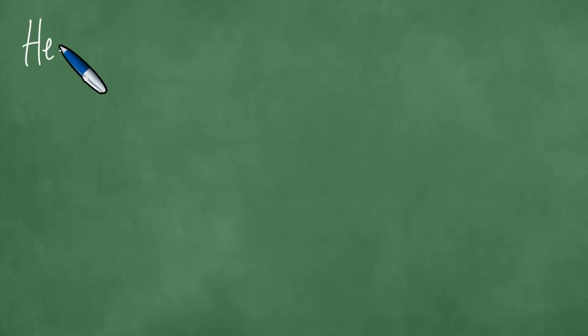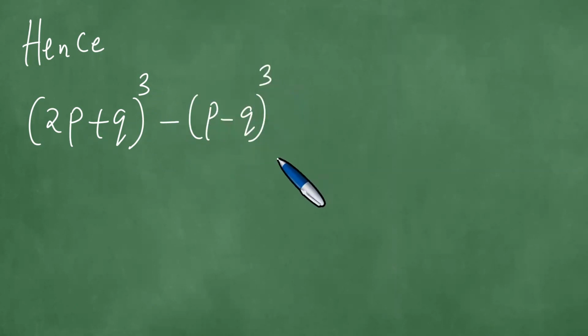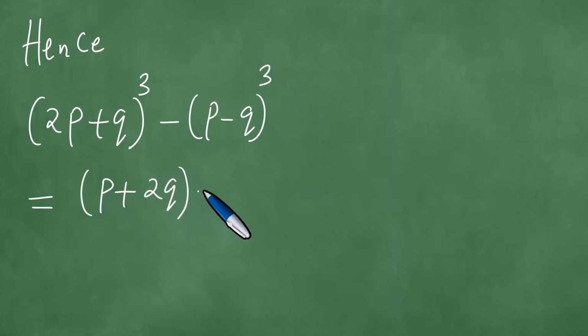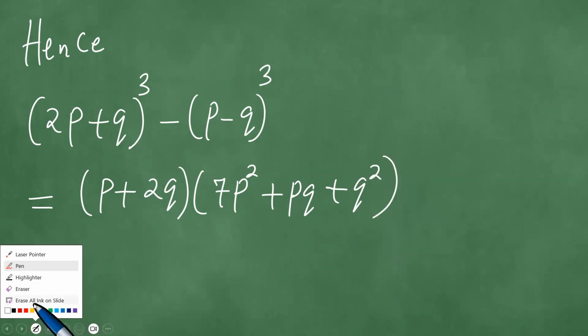Hence, we infer that 2(p + q) cubed minus (p - q) cubed is exactly the same as (p + 2q) times (7p squared + pq + q squared), like so.